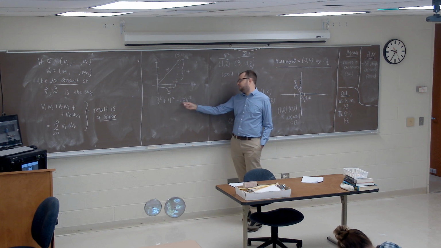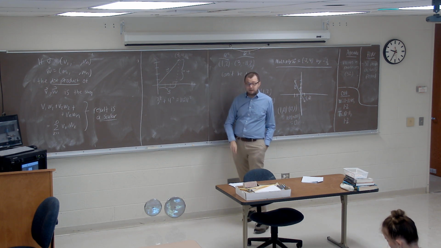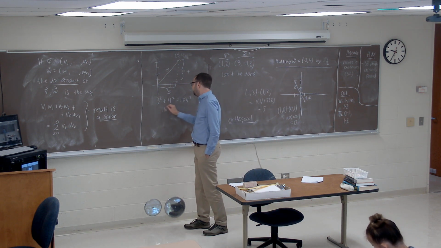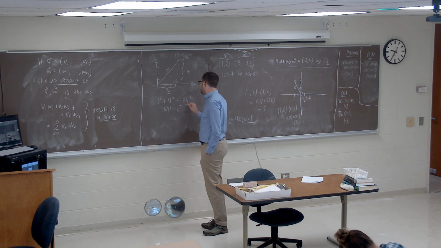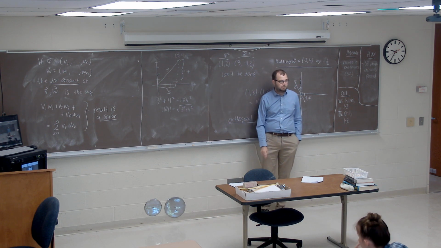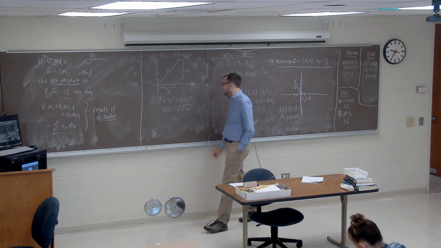So this, by the way, I'll formally introduce in a second as being the length of the vector. But if we want to solve for the length of v, we get that the length of v has to be equal to the square root of 3 squared plus 4 squared.